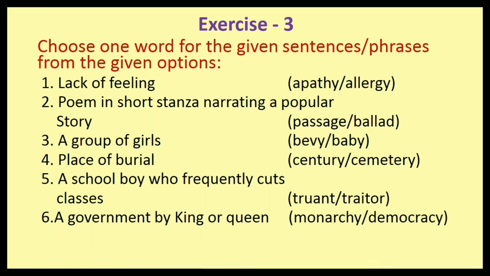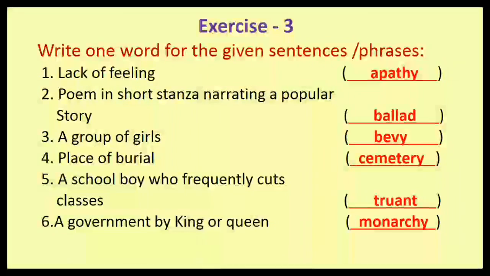Next, a schoolboy who frequently cuts classes, and options are truant or traitor. Next, a government by king or queen, and the options are monarchy or democracy. Yes. Here the right answers are, first is lack of feeling and the right answer is apathy.